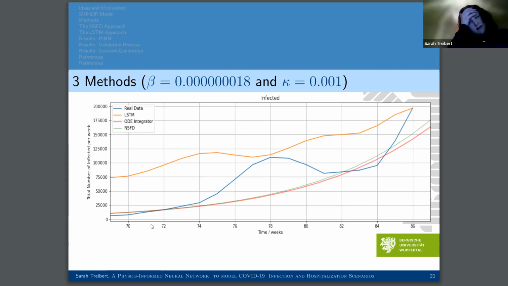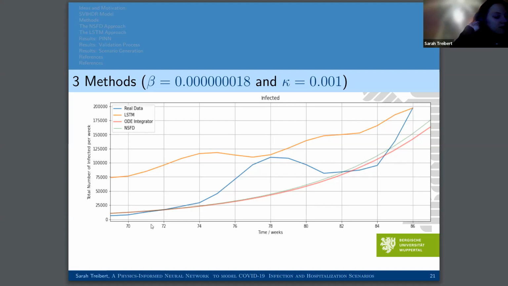If you don't have a good end of training, then of course you do not start from a good prediction, and everything may go wrong. But of course you still get the trend, an upward trend with some oscillation that you can also observe in the real data, the blue line.